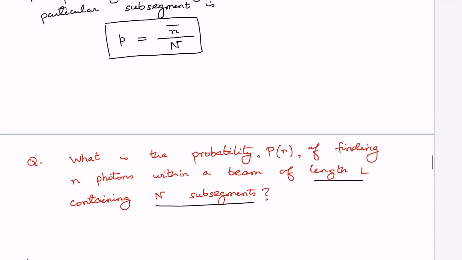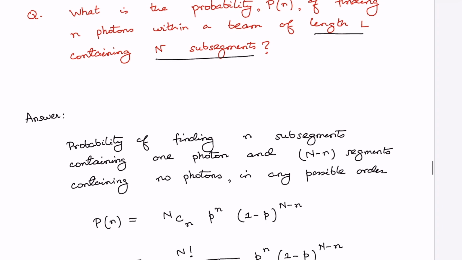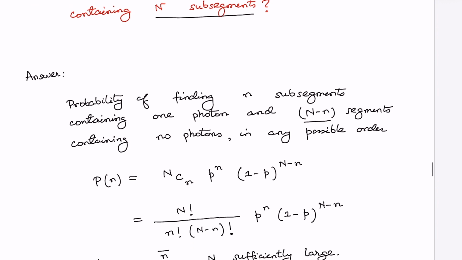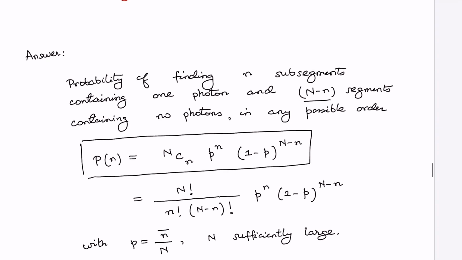The answer is given by the probability of finding n subsegments containing one photon and N minus n segments containing no photons in any possible order. This is given by the binomial distribution, as given in this expression here, where small p is the mean number of photons divided by the total number of subsegments.